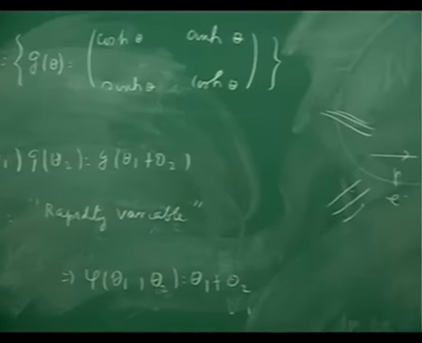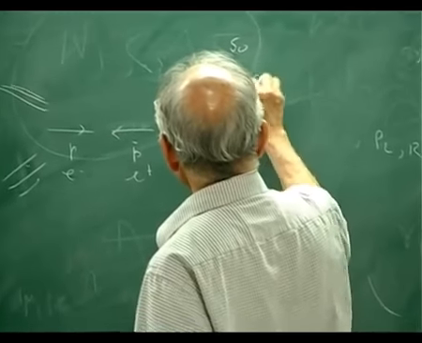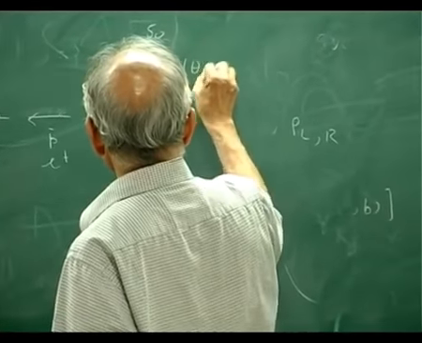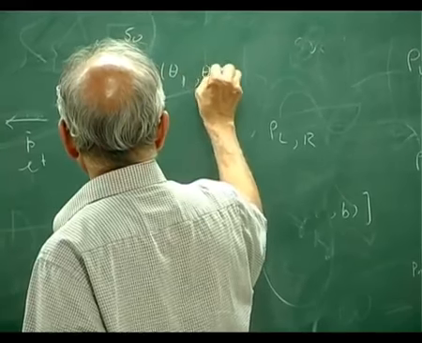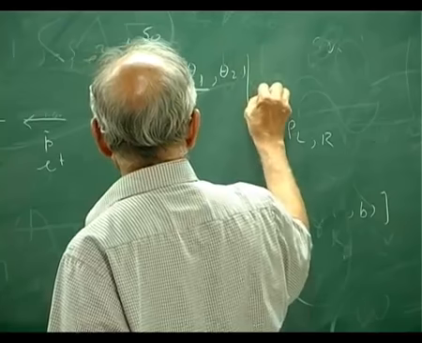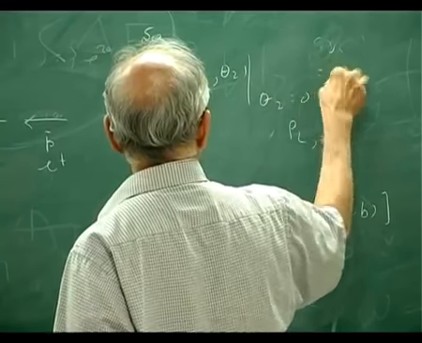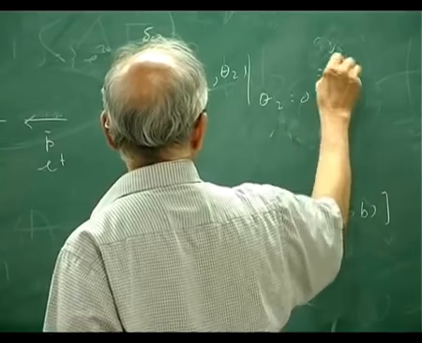So d phi by d theta 2, at theta 2 equal to 0, is equal to 1.